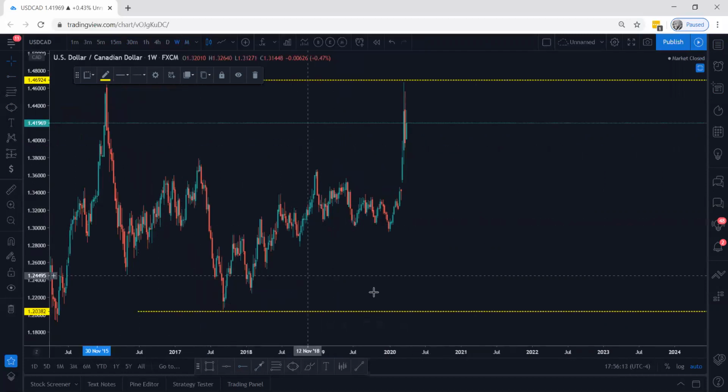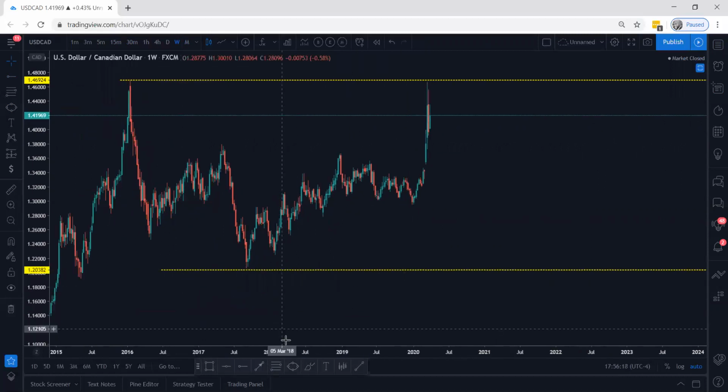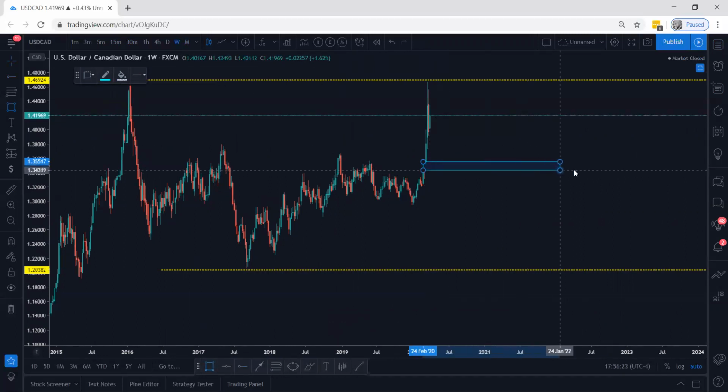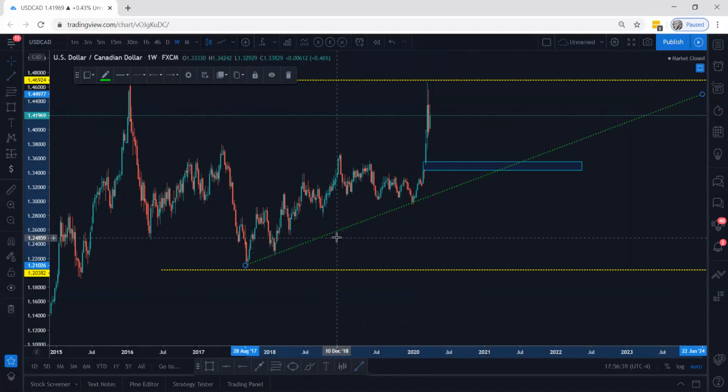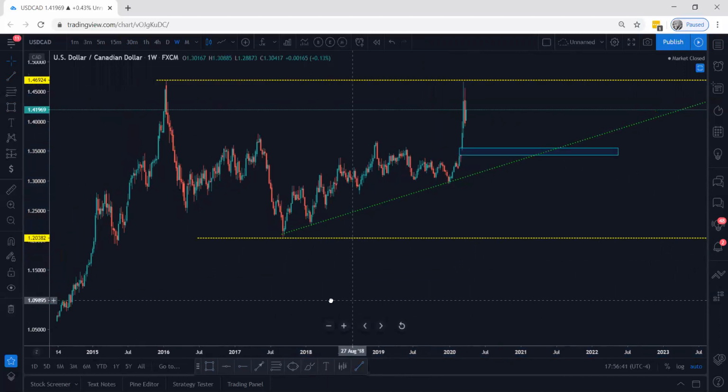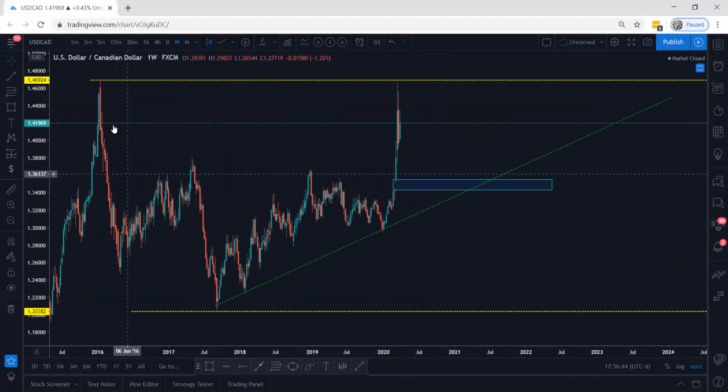Weekly. You see we have a little bit of a gap here in price. Typically when you see gaps like this, price is going to pull back at least into those areas. We are in an overall uptrend on the weekly.